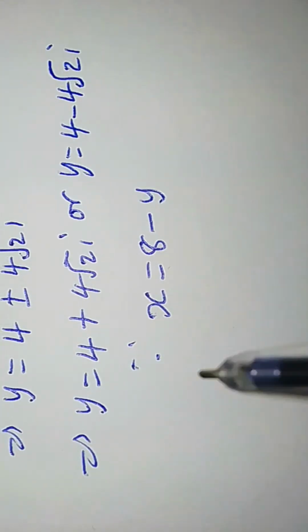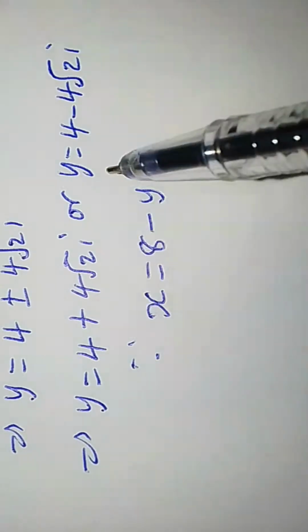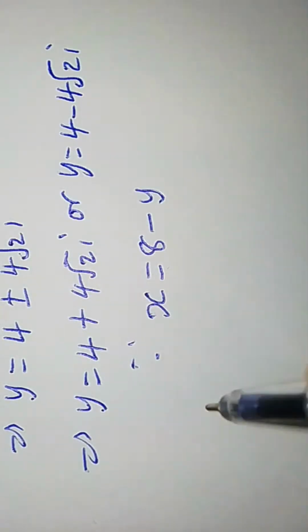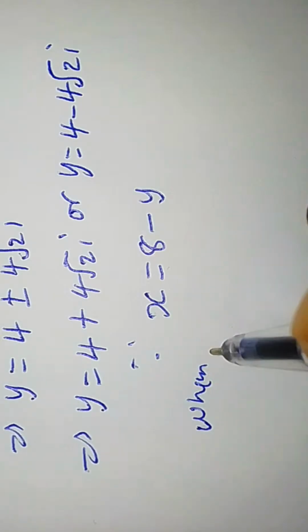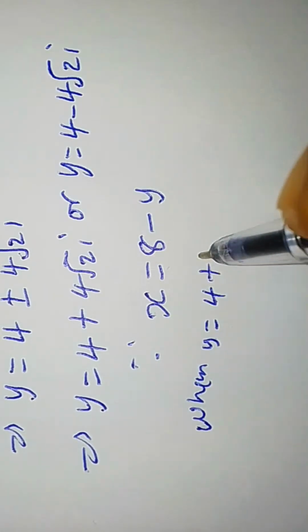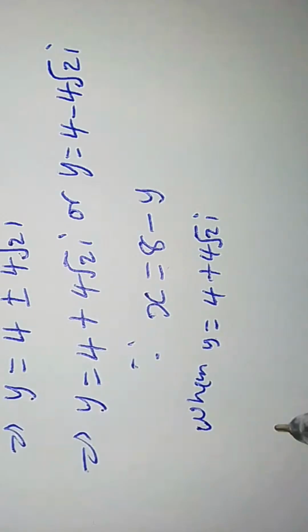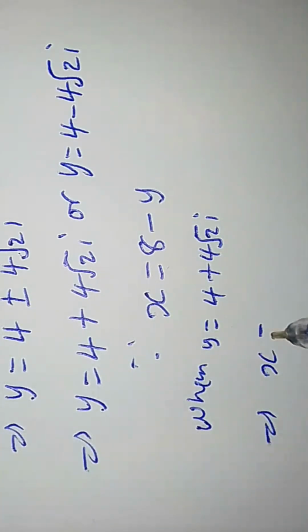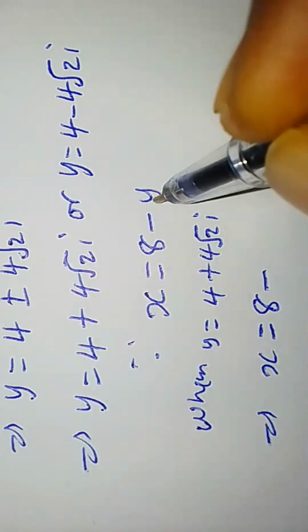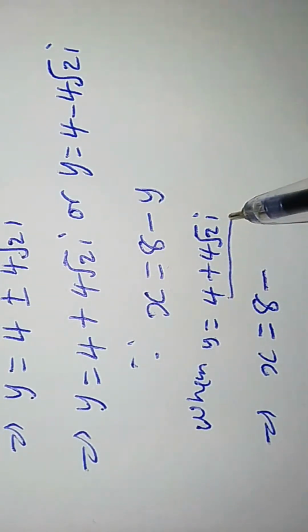What we do now is to consider each value of y. Consider this first. When y is equal to 4 plus 4 root 2 i, this means that x equal to 8 minus, you just have to replace this particular y with 4 plus 4 root 2 i.